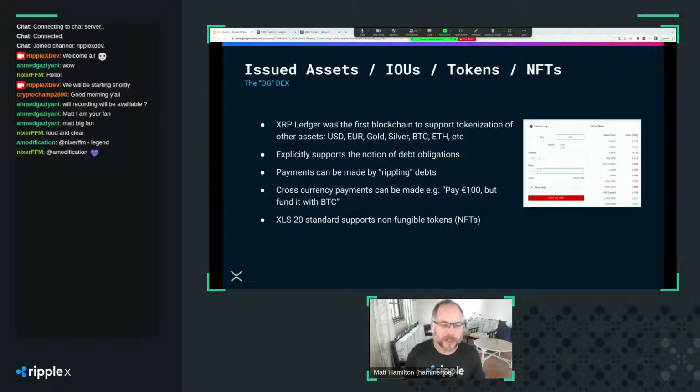The XRP ledger explicitly supports the notion of debt obligations. So what that means is, like I said, with the IOUs, it explicitly recognizes that the IOU is a debt, right? If you compare it to something like USDC or USDT on Ethereum, an ERC20 token that represents US dollars, it's issued by, say, Tether or Center.